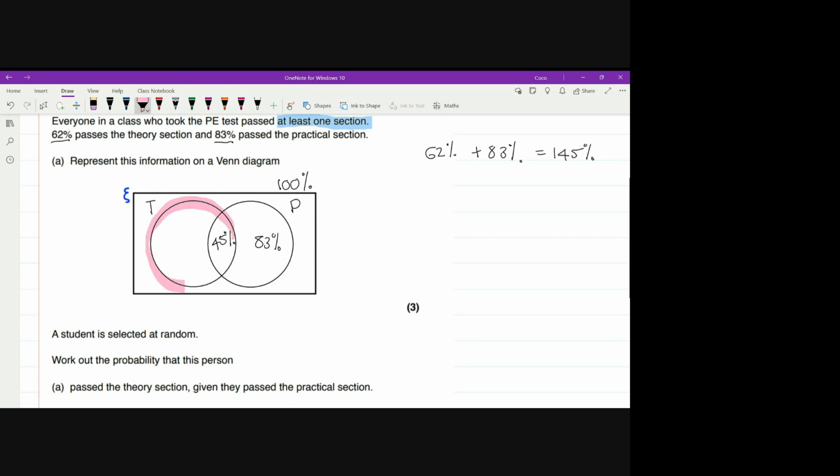So the whole of the circle must be 62%. 45% of that has already been accounted for. So how do we find the people who passed theory only?